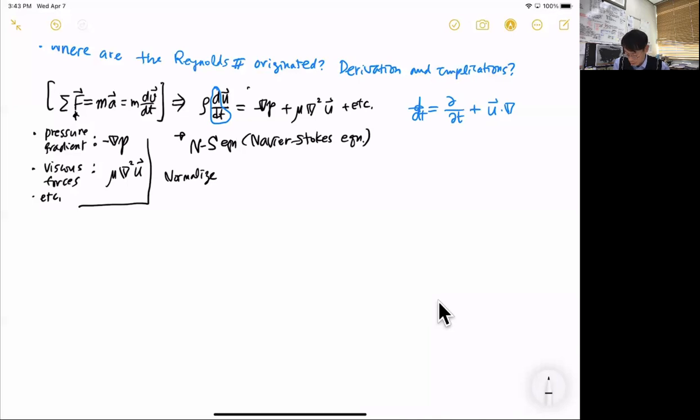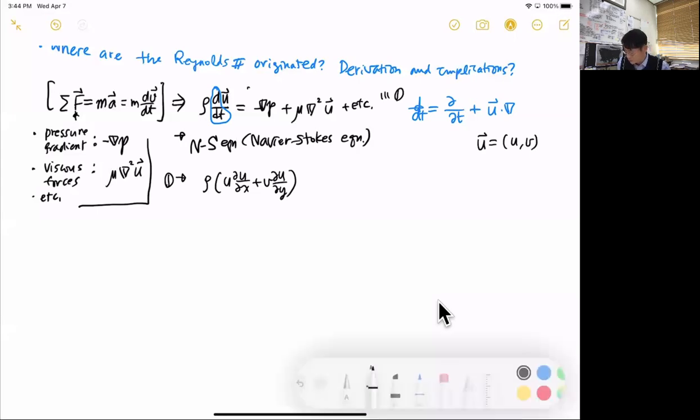First, write down this equation again. It becomes rho times u ∂u/∂x plus v ∂u/∂y. The velocity vector is decomposed into x and y components. The assumption is that the flow is two-dimensional and incompressible.